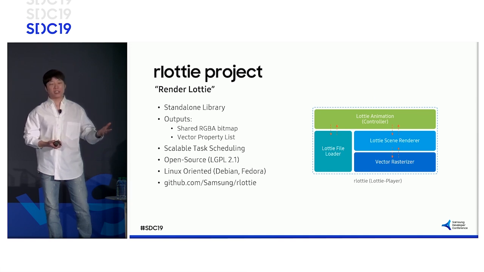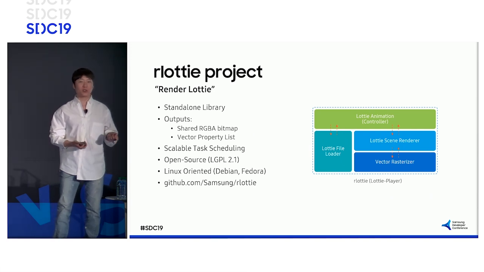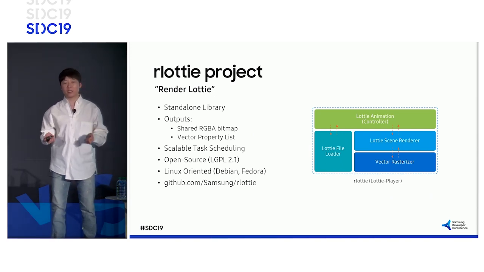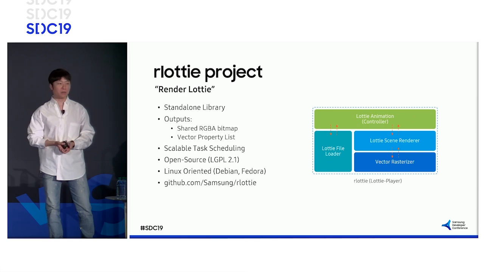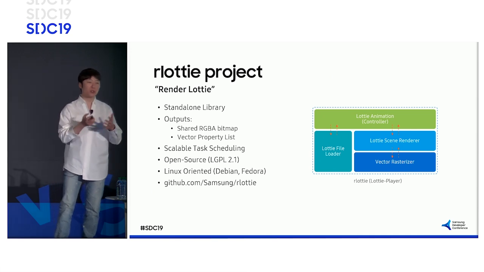This interface is not recommended unless you fully understand the data structure and each format, but we expect users can control the Lottie animation more precisely by using this interface method. In the case of Tizen, we are using this interface method for customizing Lottie animation for more dynamic transition effects. And we are going to check some working prototypes about this at the end of this presentation.